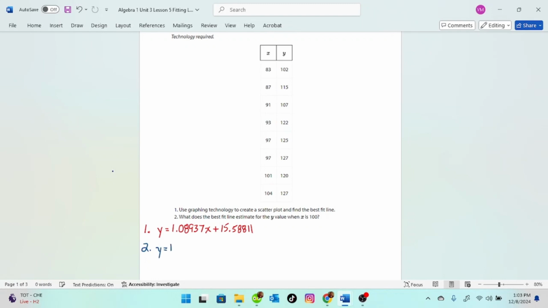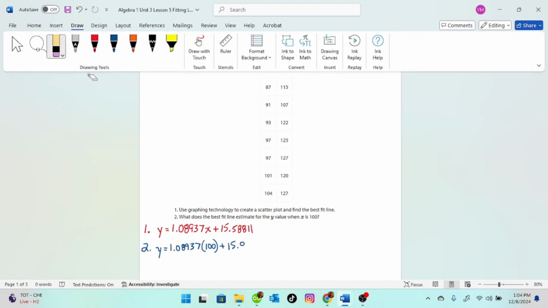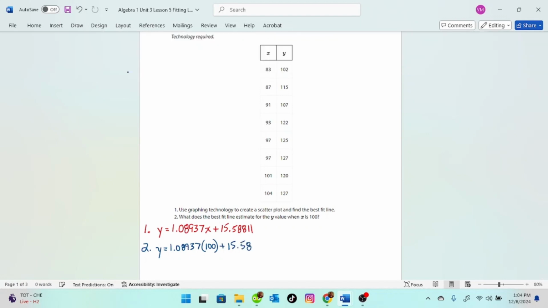You can just substitute 100 in for x and solve. 1.08937 times 100, all we have to do is move that decimal point 2 spots to the right. That becomes 108.937.